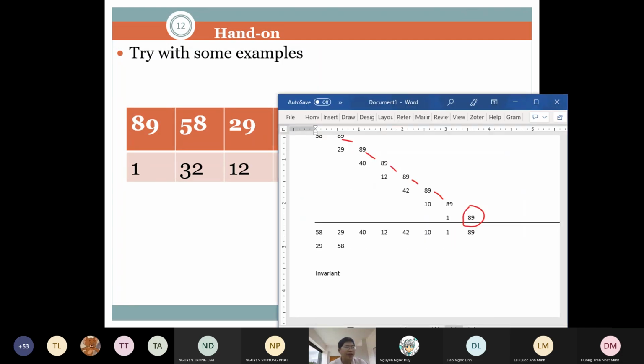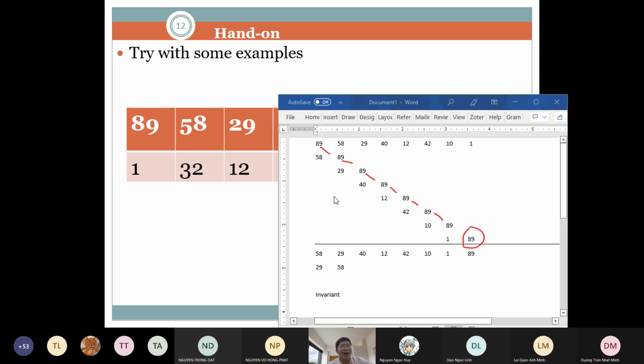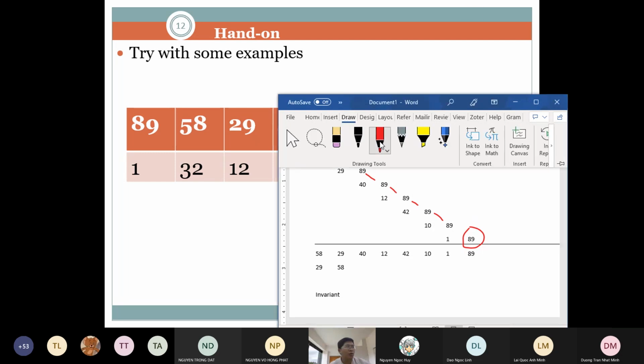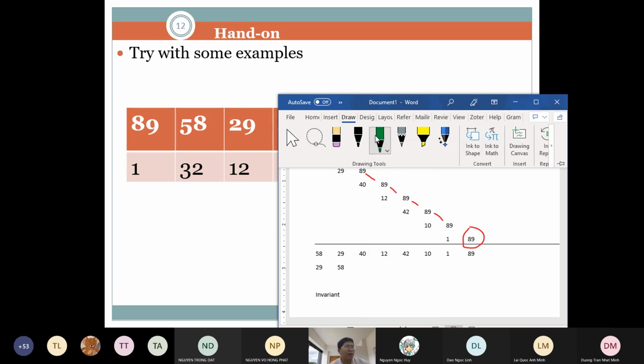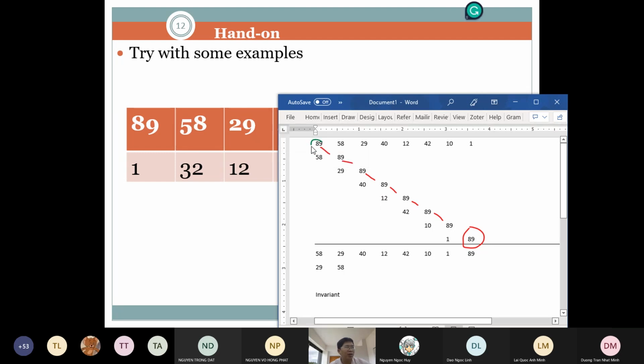What can you see from there is that, do you agree that our invariant is that we want to move our biggest number, this number, to the sorted position, and we know that the biggest number will be in the last position.